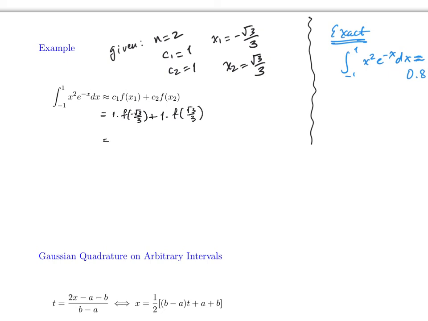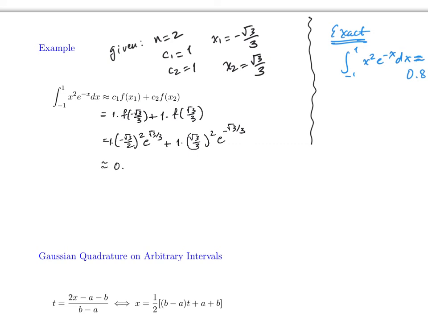which will give you minus radical 3 over 3 squared times e to the radical 3 over 3, plus 1 times radical 3 over 3 squared times e to the minus radical 3 over 3.